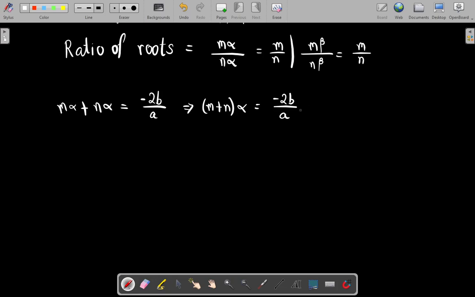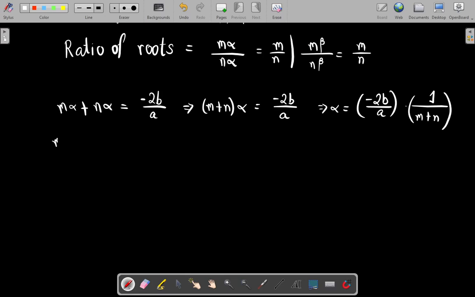Taking α common, (m + n)α is minus 2b upon a. So no issue here. Now the value of α will be minus 2b upon a times 1 upon (m + n). This is the value of α.